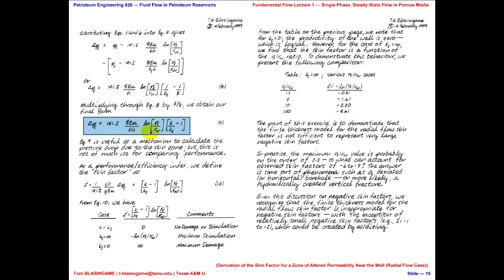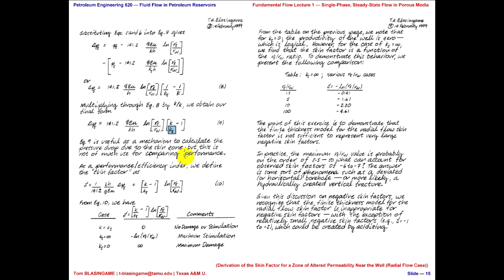And what I need you to recognize is what happens when K is equal to KS. That's 1 minus 1, and this whole thing goes to 0, right? Or more to the point, when KS is equal to K. Why is that important? That just tells you that the skin factor for the case where the permeabilities are the same is equal to 0.